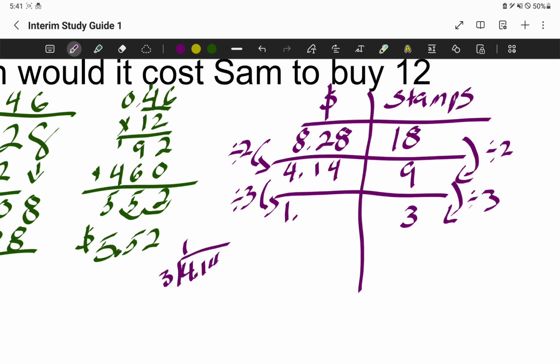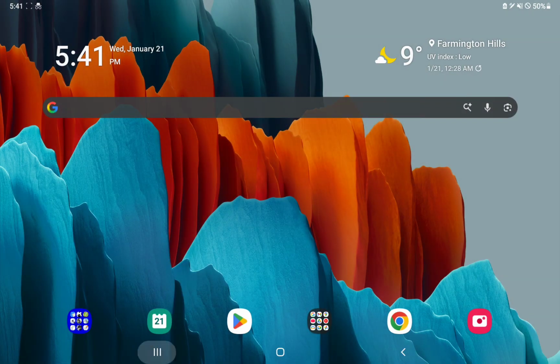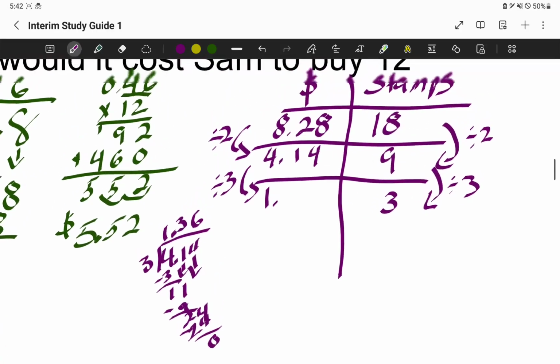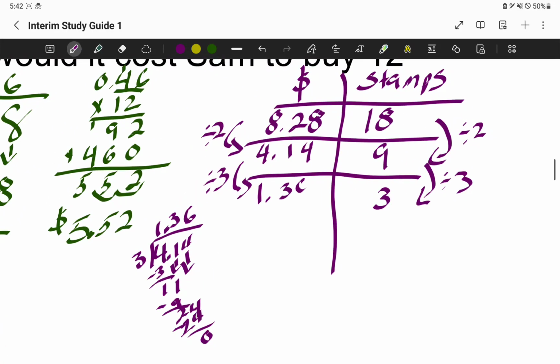Divide by 3. Bring down my 1. 3 goes into 11 3 times. So I've got 2 left over. Bring down the 4. 3 goes into 24 6 times with nothing left over. Wait, come back here. And so that's 136.